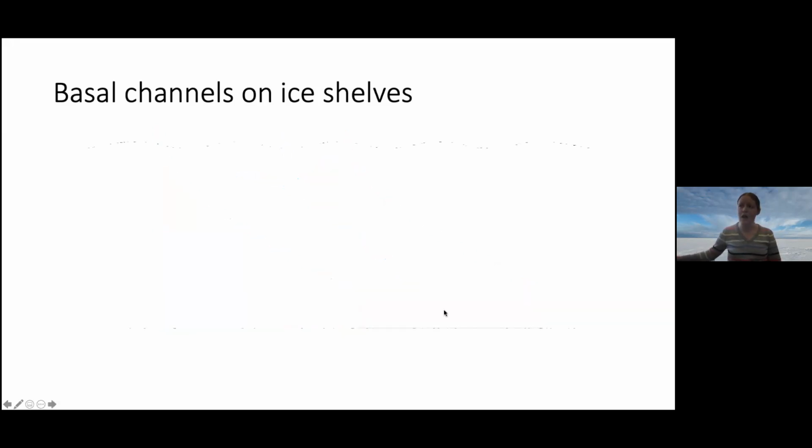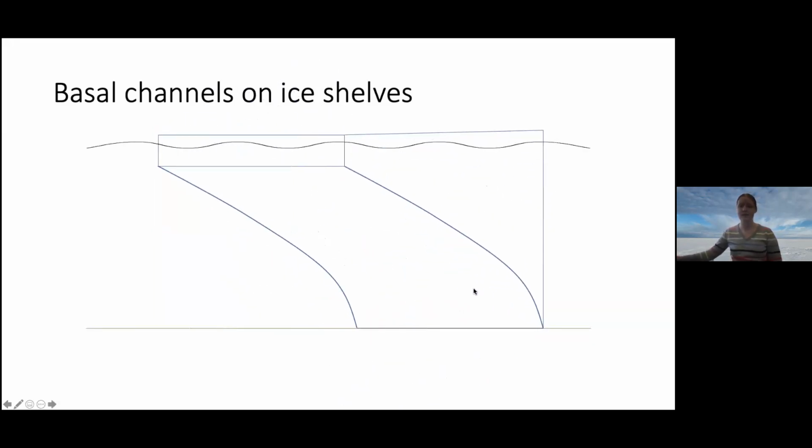Ice shelves are kind of like upside down hill slopes, right? So on hill slopes, we get rain on the surface that flows down. Underneath ice shelves, we get water that melts near the grounding line, near the base of the ice shelf. And that's fresh water that melts, so it's more buoyant than the salt water around it, and it rises along the base of the ice shelf.